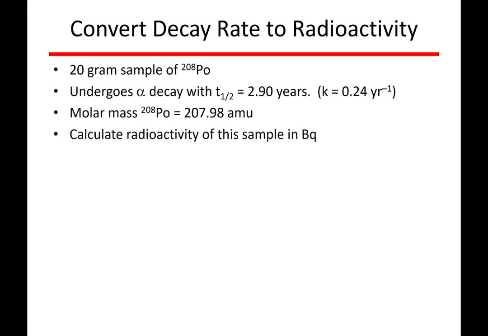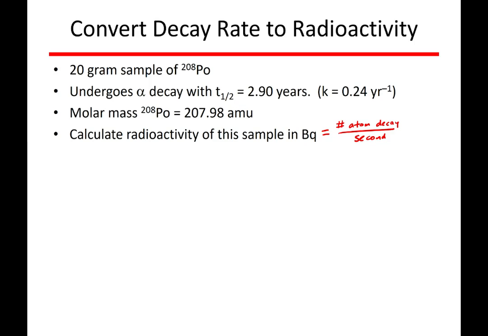It's helpful for us to write out what the units of becquerel mean. So once again, we'll say that becquerel tells you the number of disintegration reactions. So that's going to be the number of atoms that decay per second. And again, this is just another way of expressing the rate for the process.